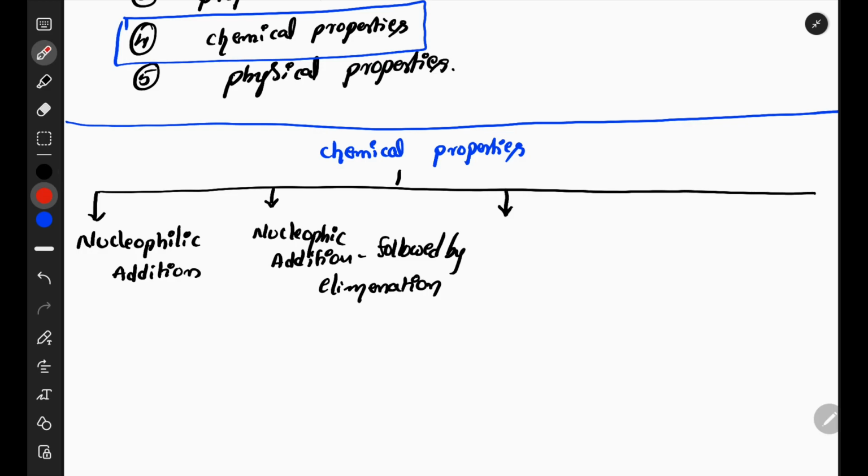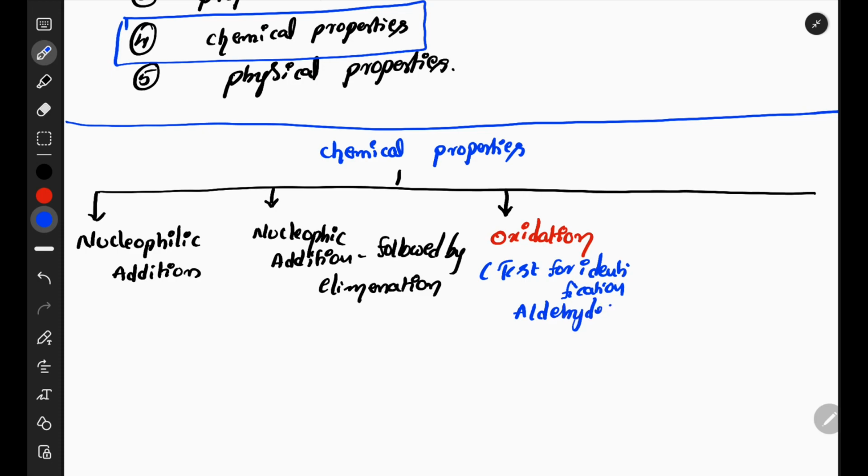Third is oxidation reactions. This is also called the test for identification of aldehydes and ketones. The next one is reduction reactions.